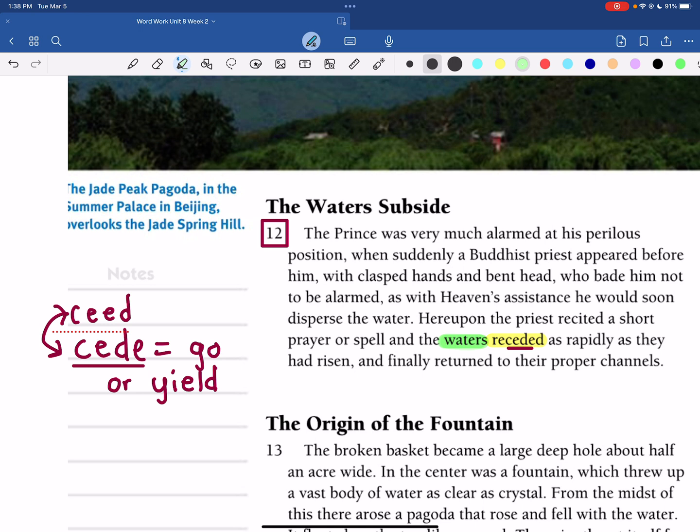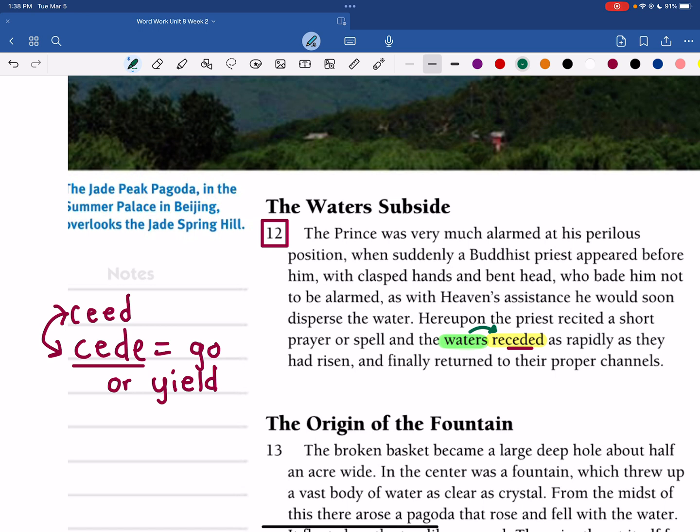We know that's what this whole story has been talking about. So now we have at least a little bit of context. What's receding? Well, the waters are receding. And we know that because it says it right before the word recede. Now let's keep reading to see if there's any more clues to help us understand what's going on.